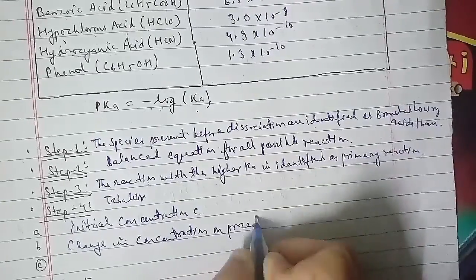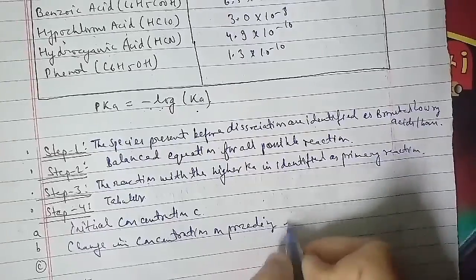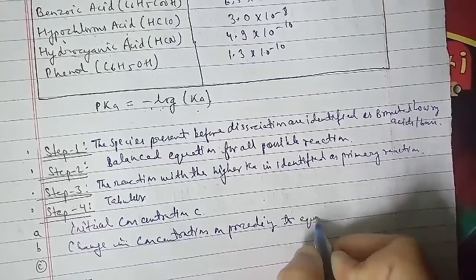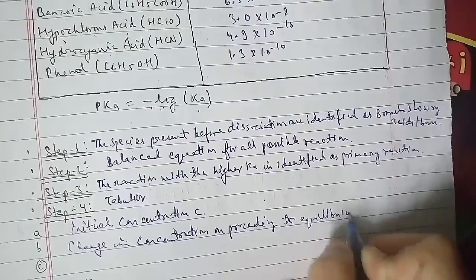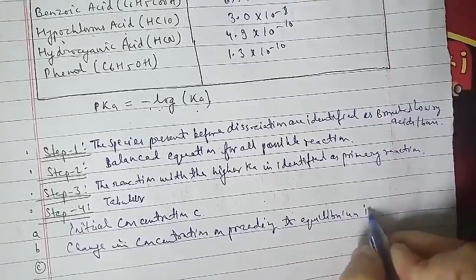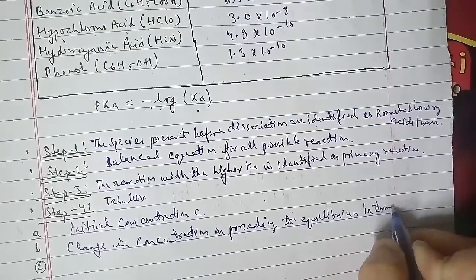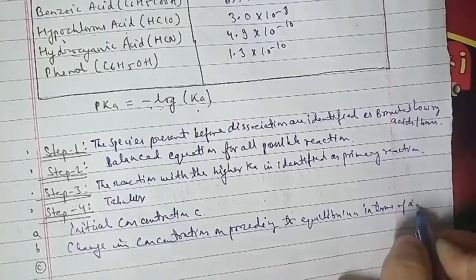And in the 7th step, you have to calculate the pH, that is minus log [H3O+]. Okay, so this is the above mentioned method.